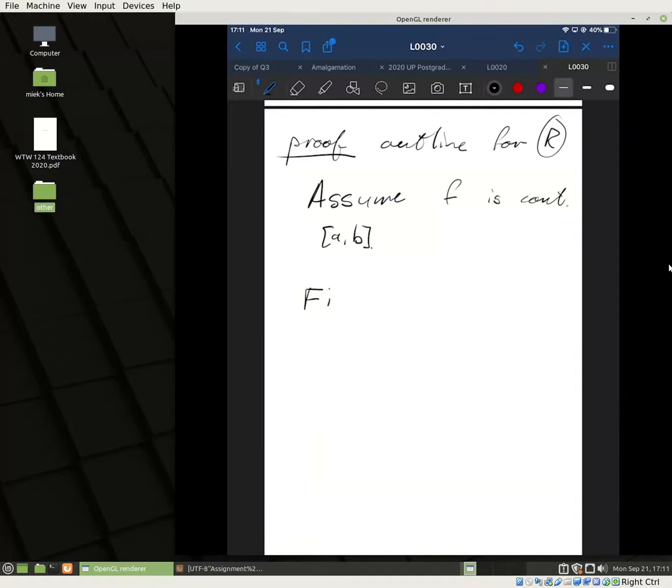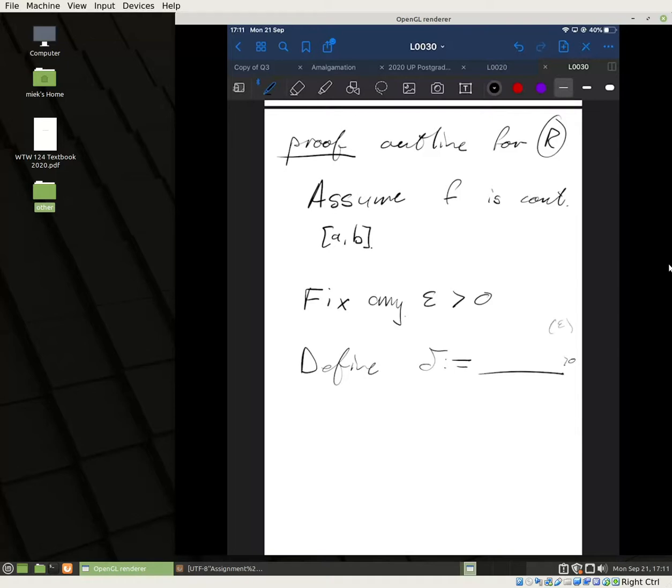So let's write down our outline there. We want to show for any epsilon greater than 0, so fix any epsilon greater than 0. Then we want to define delta as something we don't yet know, but it must be positive. And what are we allowed to use?